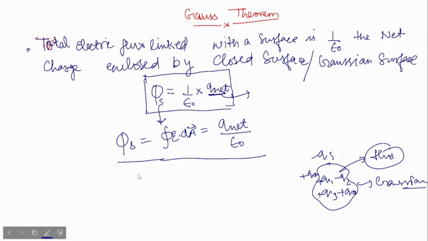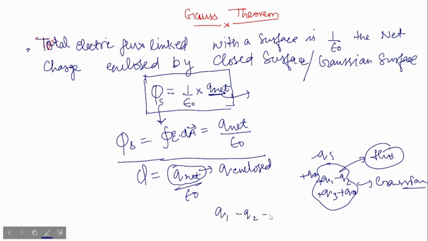So flux will be Q net upon epsilon naught, and the net charge enclosed is q1 minus q2 plus q3 plus q4, divided by epsilon naught.